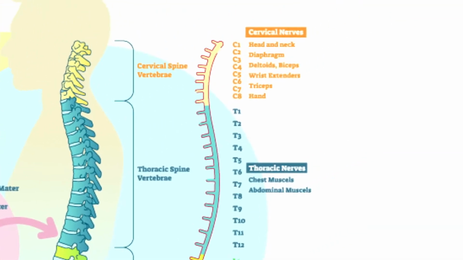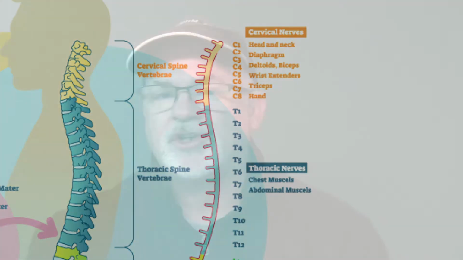We have this curvy bone structure here, and it's designated by sections that correspond with function in the body. When you think about those nerve fibers coming out of the spinal cord, right from the top there are nerves that come out, and there are nerves that come out all the way down.